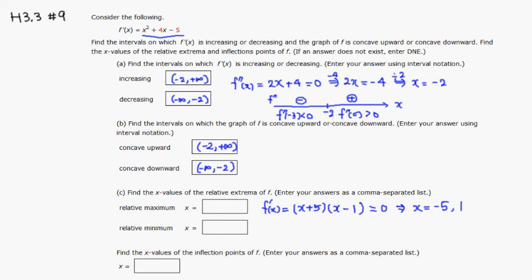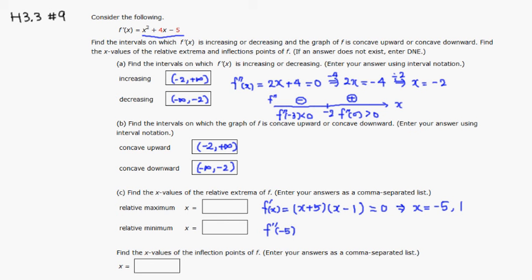Since we already found the second derivative, let's try a second derivative test. If you plug in negative 5 into the second derivative function, we actually don't need to compute the value, we just want to know the sign.